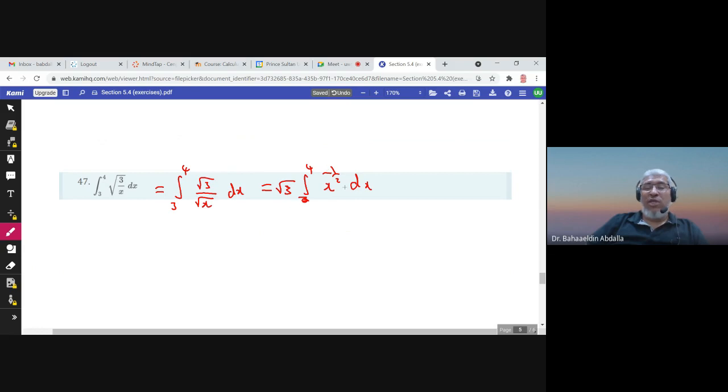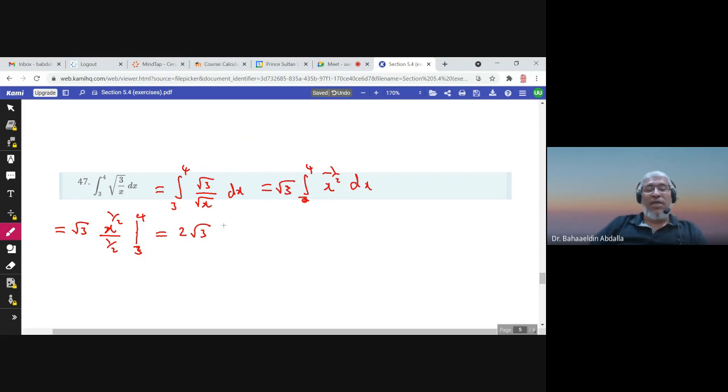Why? Because now I can use the formula of integral x to the power n. So I will have square root of 3 times, what is the integral of x to the power negative half? I add 1. So it is 1 over half, x to the power half over half from 3, sorry, to 4. All right. Now, square root of 3 over half is 2 times the square root of 3.